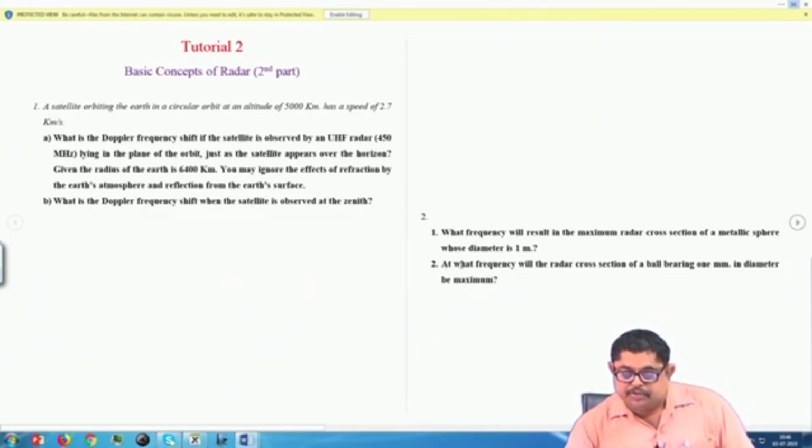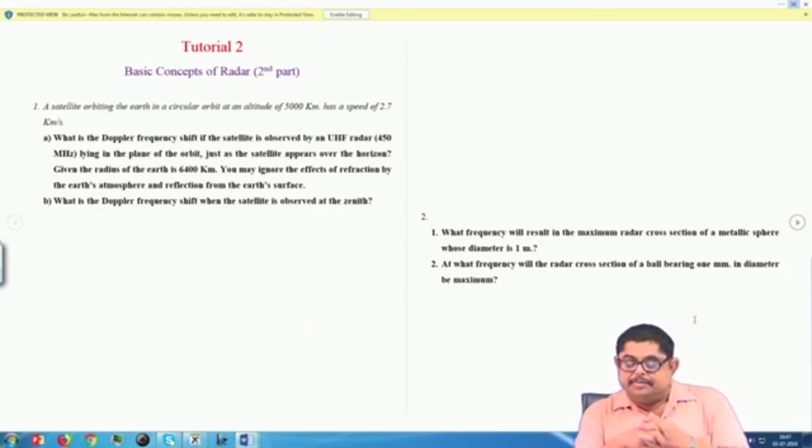Similarly, in part 2, at what frequency will the radar cross section of a ball bearing whose diameter is 1 millimeter be maximum? Two ways of saying the same thing, but you see one is a 1 meter diameter metal, another is 1 millimeter metal.